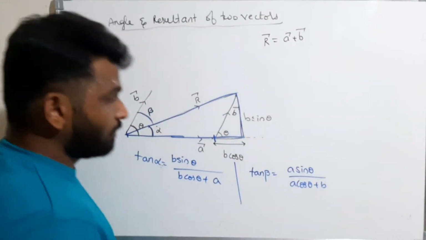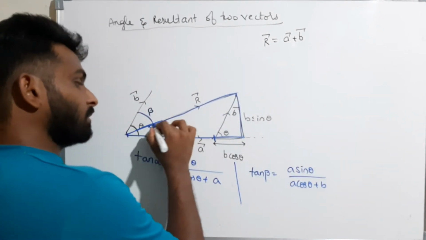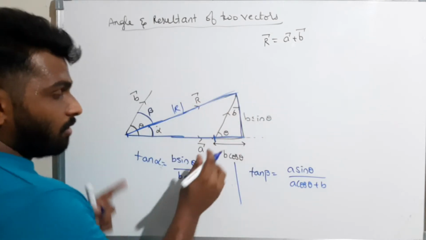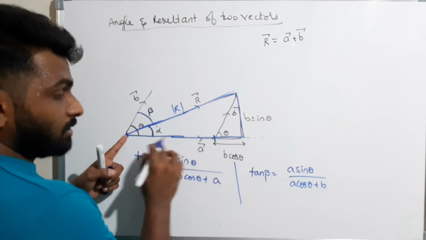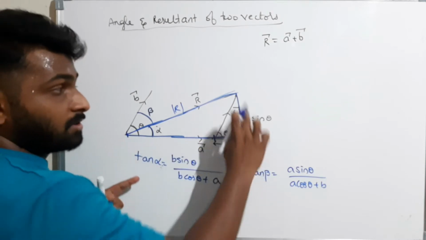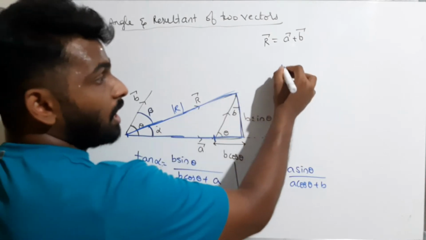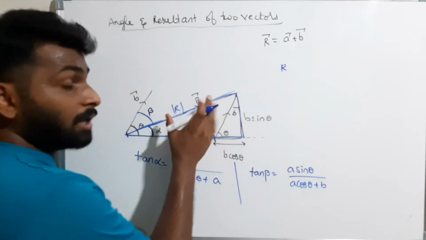Now see, what is this length? This is nothing but r, the modulus of r. This length is a plus b cos theta. This length is b sin theta. Now in this triangle, r is the hypotenuse.